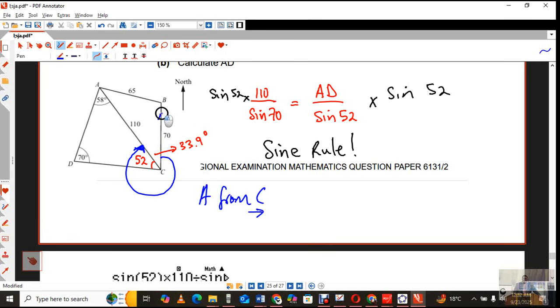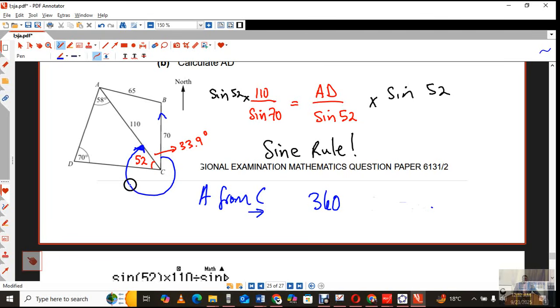This is already like a north line because that one is due south. So it will be like 360 degrees, the whole 360 minus 52 minus 33.9. No. Let's revisit that one. Just check the whole thing from here to there will be 360.